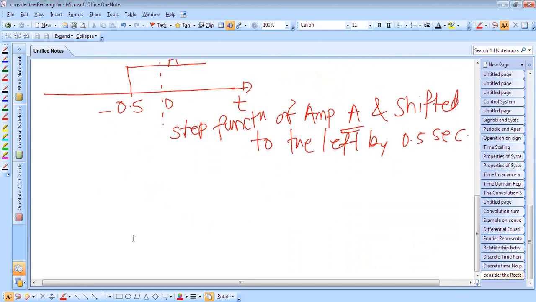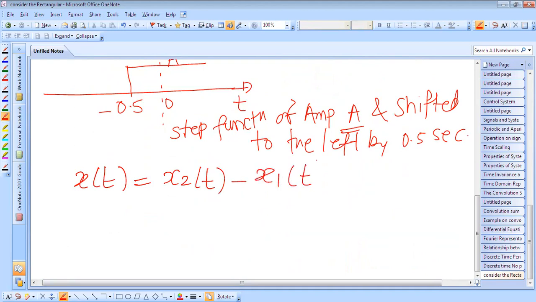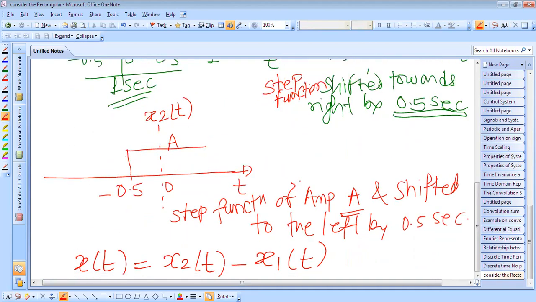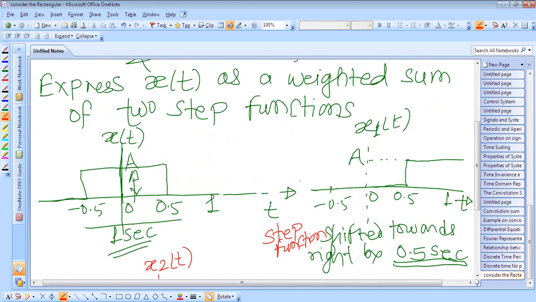Okay. Now note that we have to find this x of t, and this x of t is equal to x2 of t minus x1 of t. Therefore, now we'll define this solution. The rectangular pulse x of t may be written in the mathematical form. How can we write it?